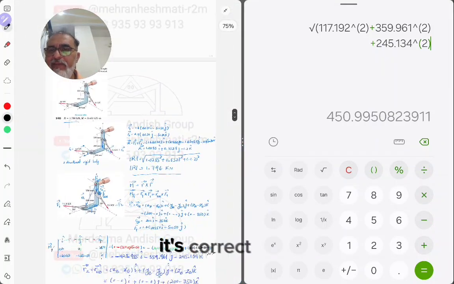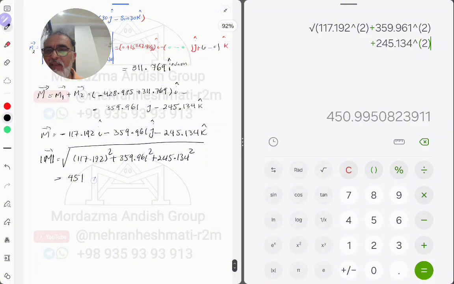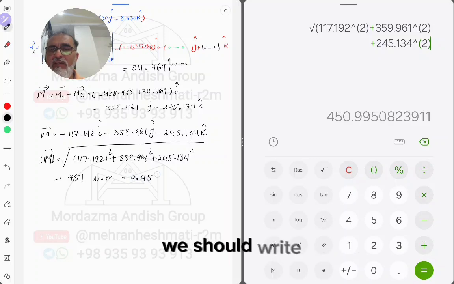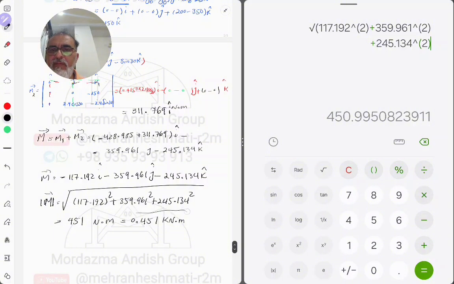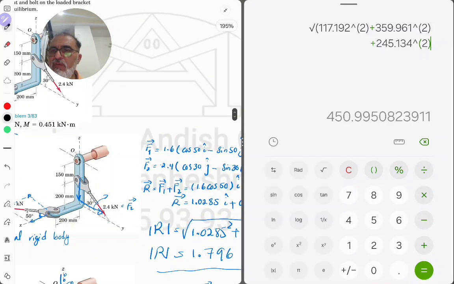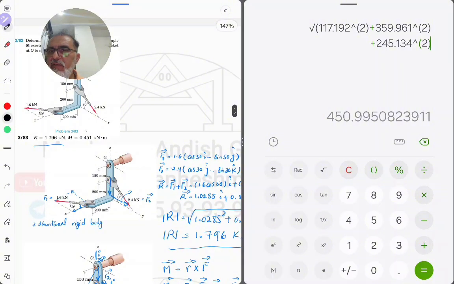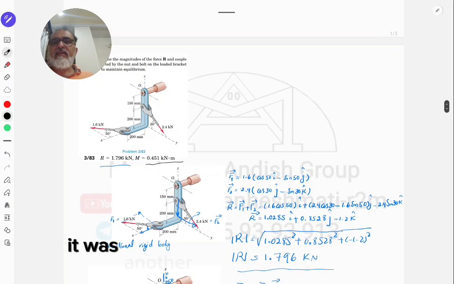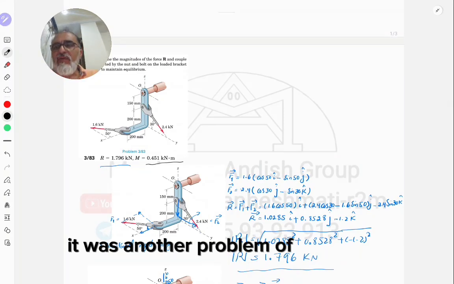Yes, it's correct. Newton meter. And if you want to write it as kilonewton meter, we should write 0.451. That's it.